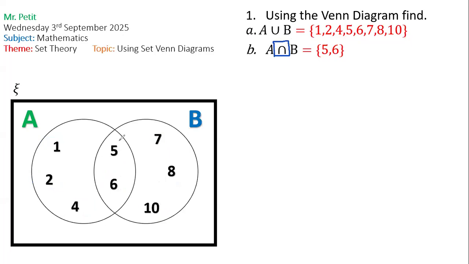Intersection means just the ones in the middle. So what's in the middle, Cordell? 5 and 6. So what's in the intersection? The numbers in the middle, which is 5 and 6. So the union is everything, and the intersection is just the ones in the middle.